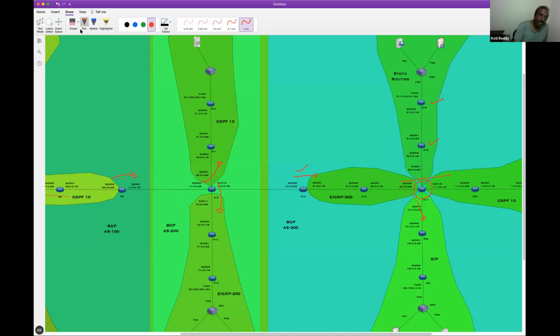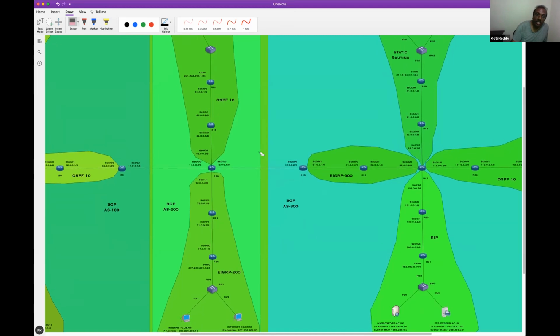Now, let us make sure that we have seen that ISP1 routes are known to ISP2 and ISP3 routers so far. Now let us make sure that ISP2 routes are known to ISP1 and ISP3, right? Which network IDs come under ISP2 now? The 60 series here and the 70 series here come under what? ISP2 routes.